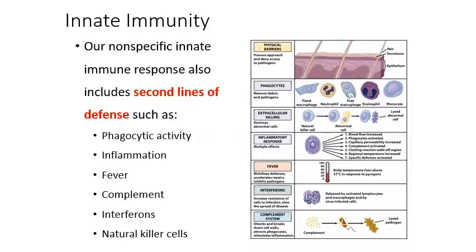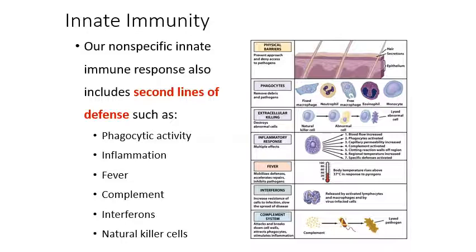Second lines of defense are internal innate barriers. So we're still talking about the innate immune system, or the one that you're born with, but these ones are internal. So if a pathogen happens to get past that first line of defense and finds a way into the body, then we have second lines of defense, or internal innate barriers that are ready to protect us from that pathogen.